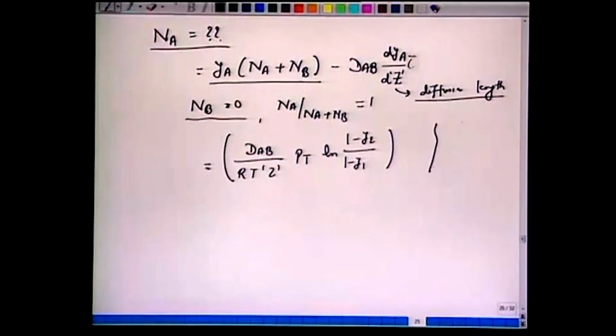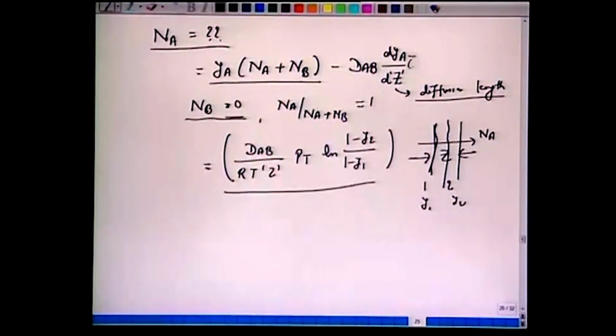So, essentially we have two planes 1 and 2 with mole fractions y1 and y2, and we have this diffusion length z. If we integrate Na, writing down the equations at any location between these and integrate with Nb equal to 0, you should be able to obtain this. So, most important here is that this quantity can be written as Ky, mass transfer coefficient, into y1 minus y2, mole fraction difference.